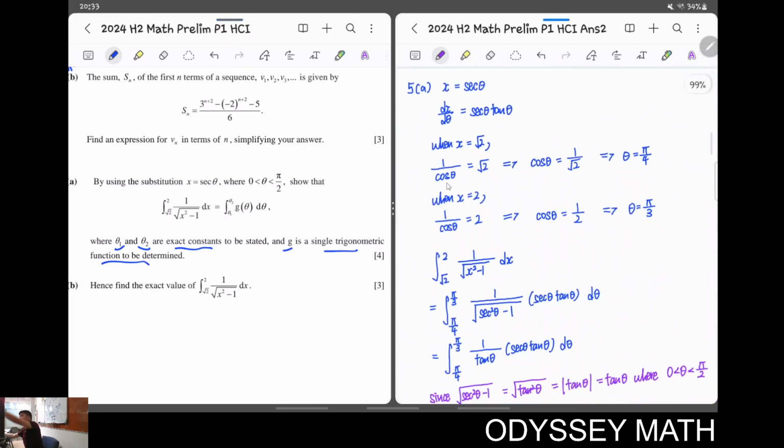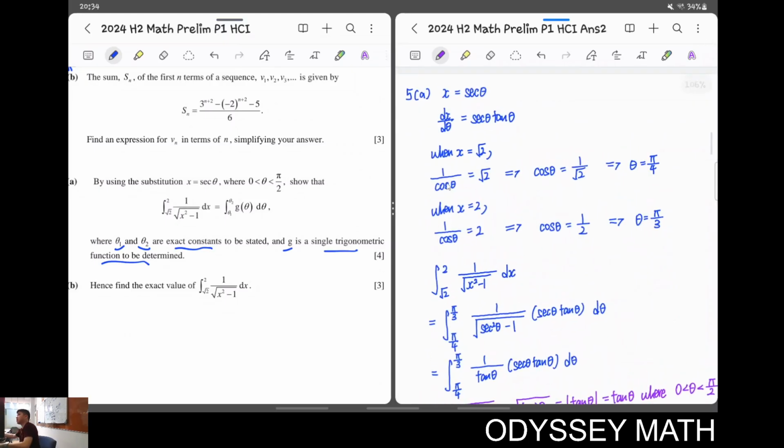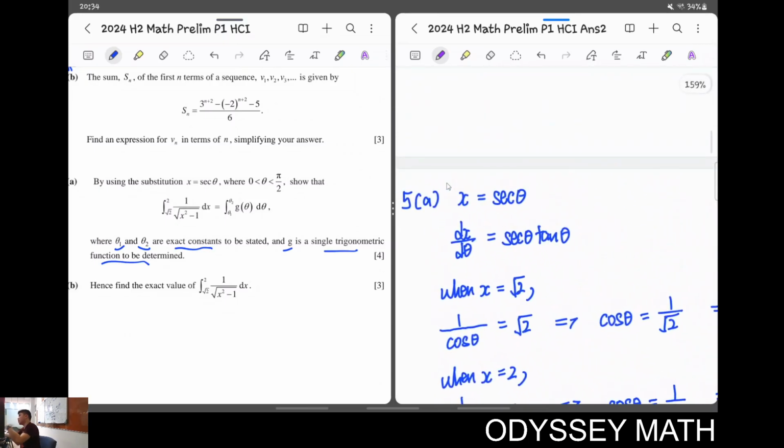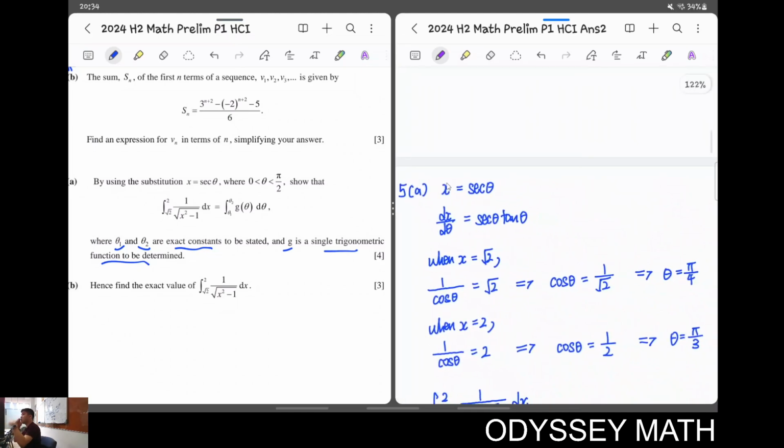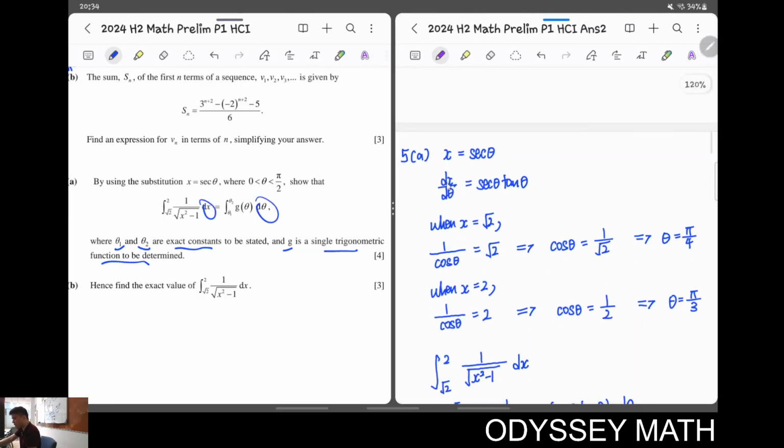When they give you that substitution, x equals secant theta, first thing you differentiate with respect to theta. So dx d theta is secant theta tangent theta, understand? Because you are doing a change of variable from dx to d theta, you need to sub x equals square root 2 in here.